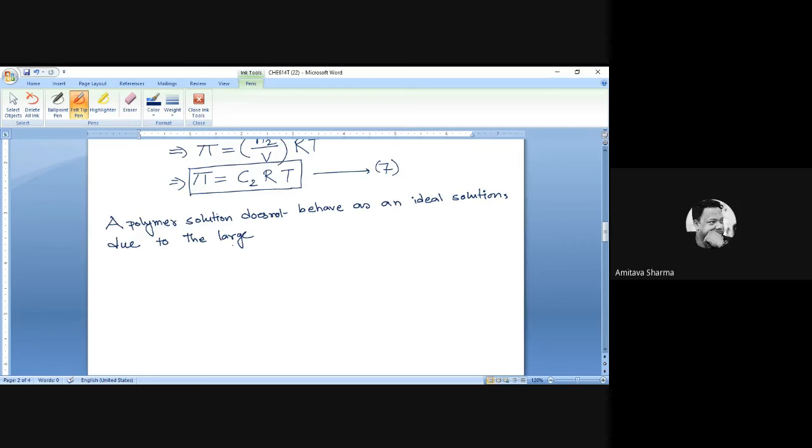This is one of the most important features of polymeric solutions: they have a very large molar mass.